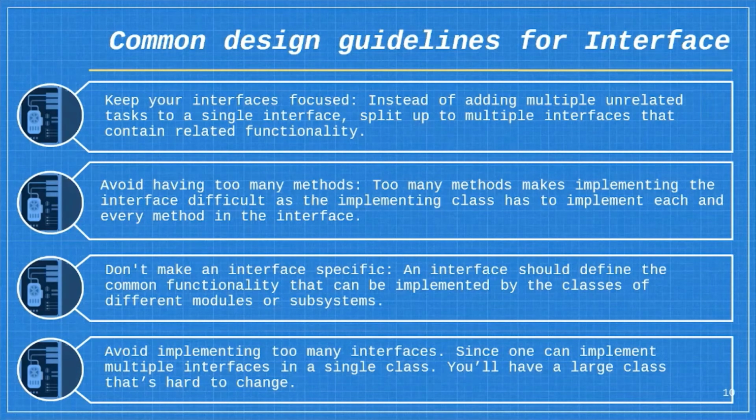Otherwise, it would be very difficult to maintain, because if you change something in an interface, then you will also have to make changes in the inherited classes, which may break the code or add extra burden. So these points are to be avoided or taken care of if you are planning to design an interface in your software programming.